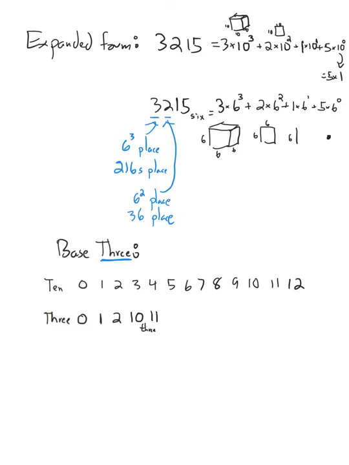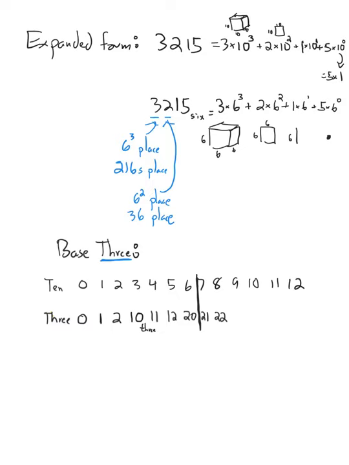That's 4. 5 is 1 three and 2 ones. 6, well, if I add another 1, I can regroup again, so I have 2 threes and 0 ones. I'll just put a line here just to make sure we follow everything. 7 is 2 threes and 1 one. 8 is 2 threes and 2 ones.